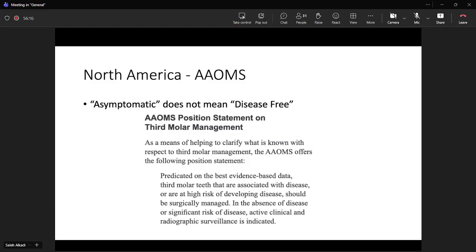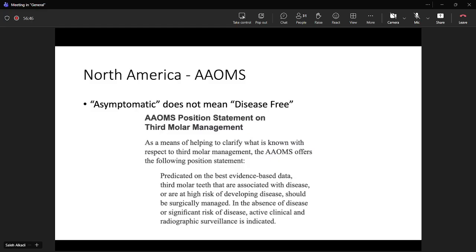So the statement helps the clinician to decide whether to extract or not. They say that third molar teeth that are associated with disease or at high risk of developing disease should be surgically managed. But in the absence of disease or significant risk of disease, active clinical and radiographic surveillance is indicated.